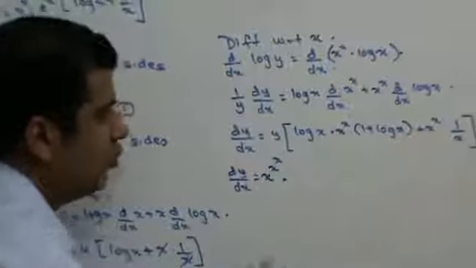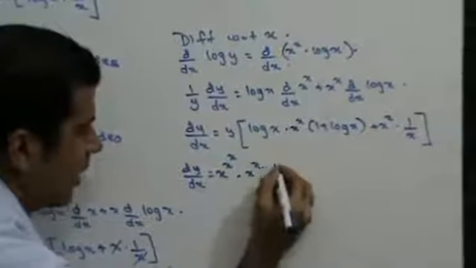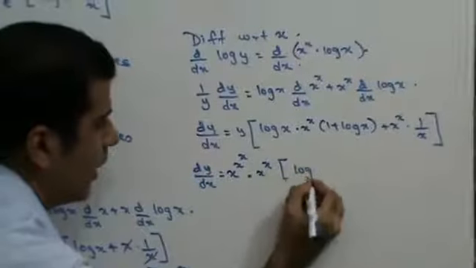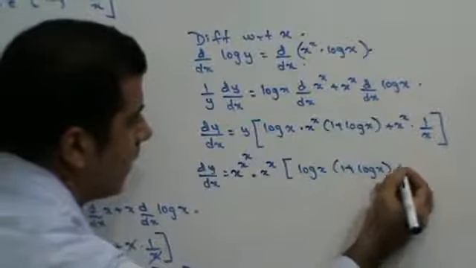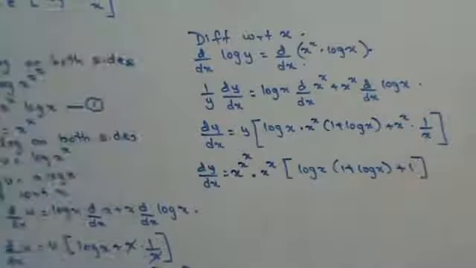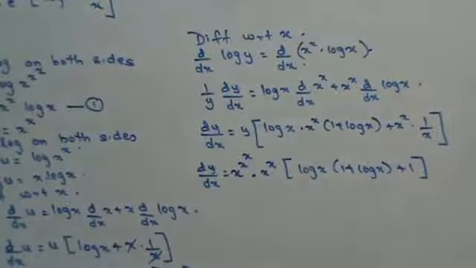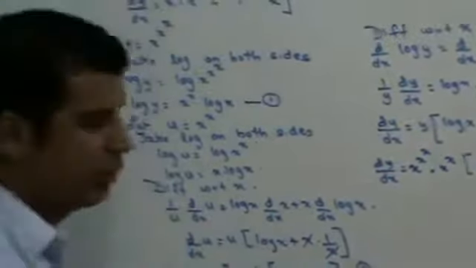Now between these two terms I can take x raised to x common. So I'll get log x (1 plus log x) plus 1. That will be your final answer for this sum, right? Good sum. Let's move on ahead, people.